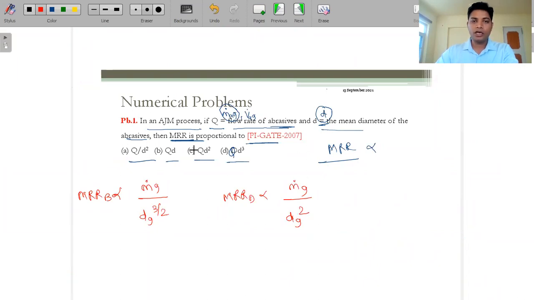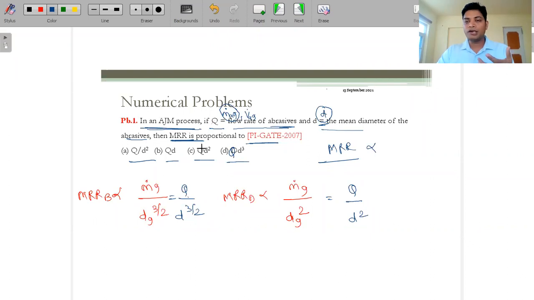Here m dot g is represented by Q, so this is Q upon the mean diameter of the abrasive, d raised to 3 by 2 for brittle, and Q by d square for ductile. It is not mentioned which material it is.